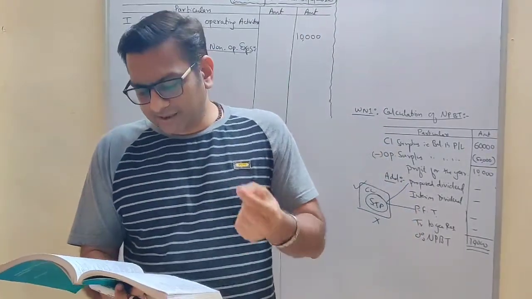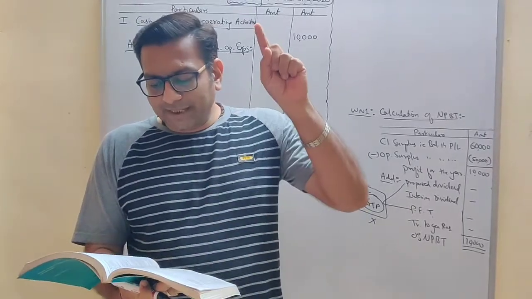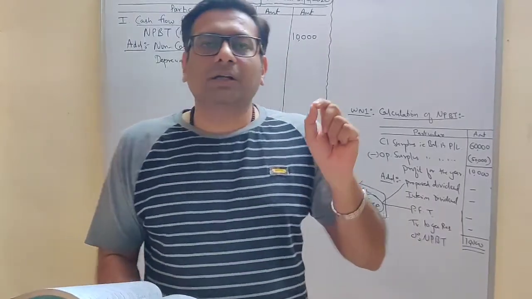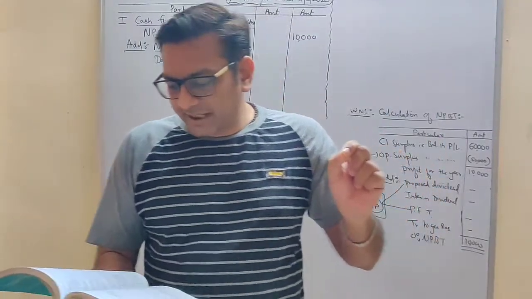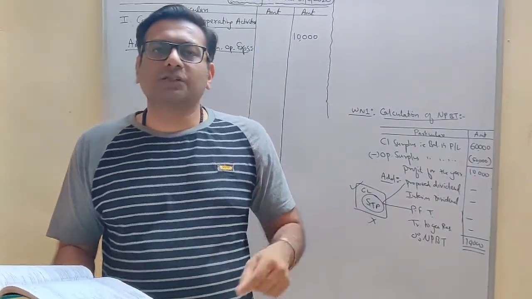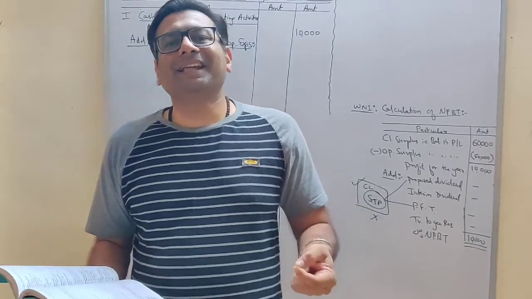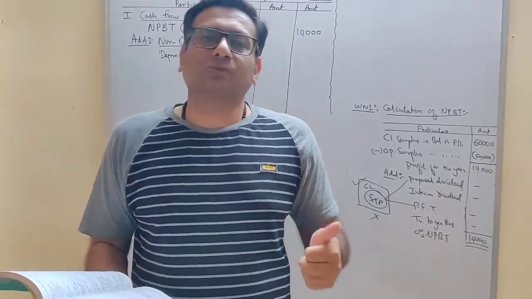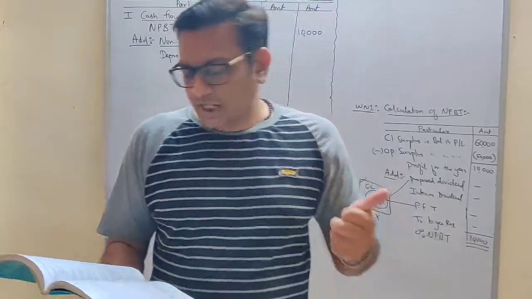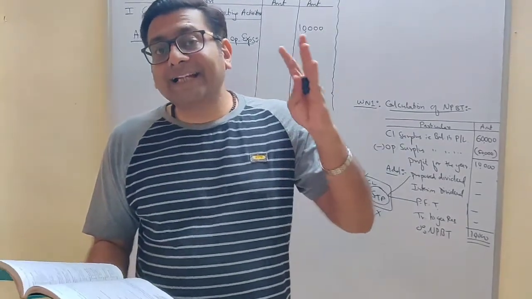So I am repeating, listen carefully. At the beginning of the year they have given opening balance 175 and your closing balance is 298. Yes, students, your balance is increasing. Opening balance was 1,75,000, closing balance is 2,98,000.